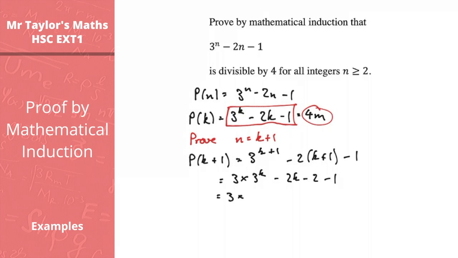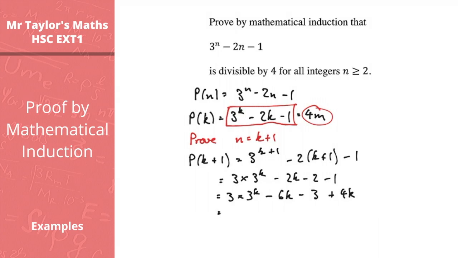Now this has got a multiple of 3. So if I go 3 times 3 to the k, can't really change that. But this one I want a minus 6k, which means I'm subtracting an extra 4k, which means I need to add 4k. Now that groups together to minus 3, which is nice because that is my multiple, but I also need to plus a 4k on the end here. So now it is the same.